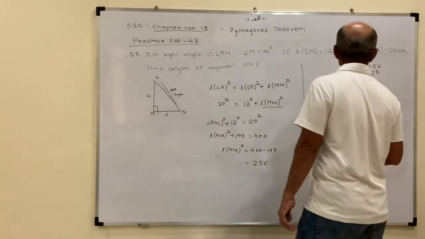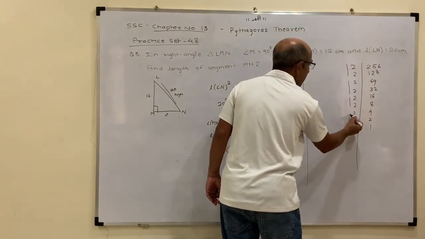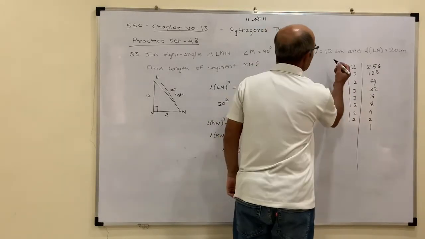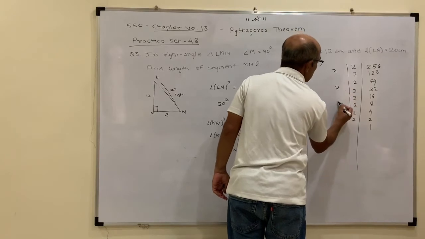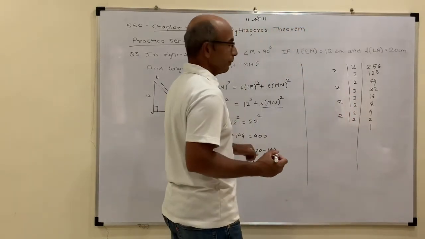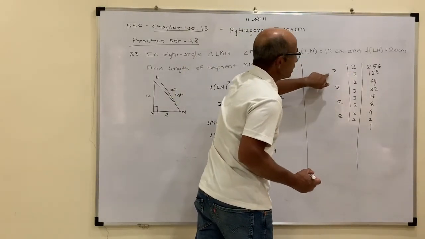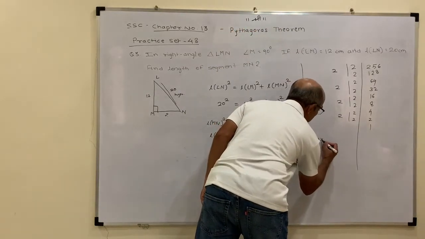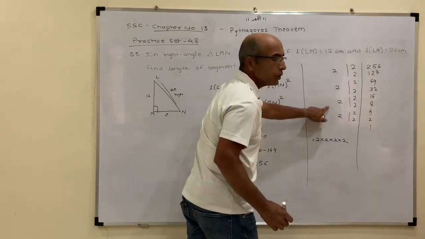So now how many times? This 2: 1 pair, 2 pair, 3 pair and 4 pair. So 2 into 2, the square root of this 4 is 2. Here the square root is 2. Here the square root is 2. Here the square root is 2. So now the square root will be 2 into 2 into 2 into 2, 4 times 2.